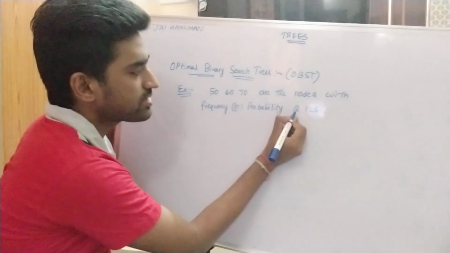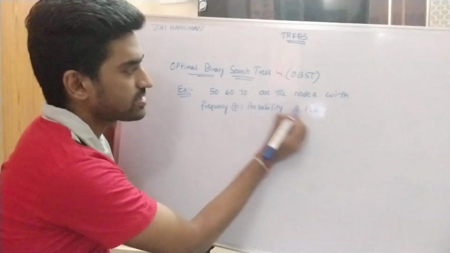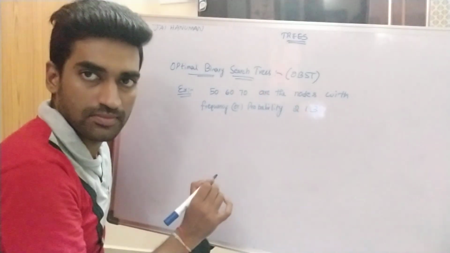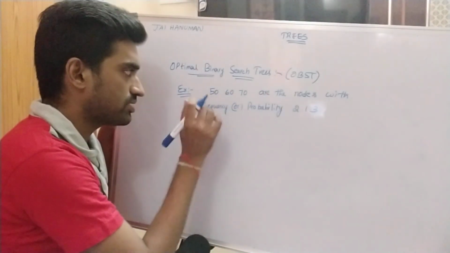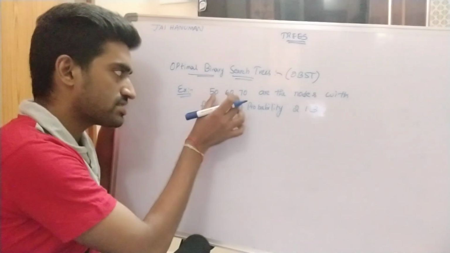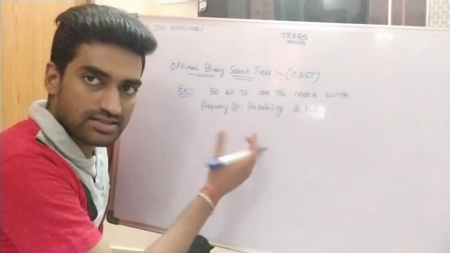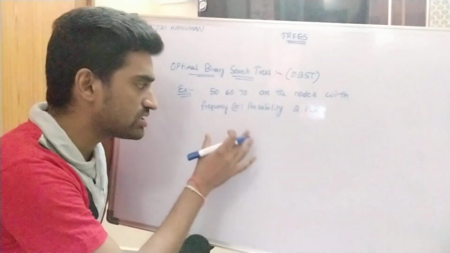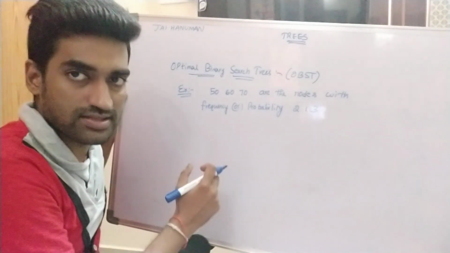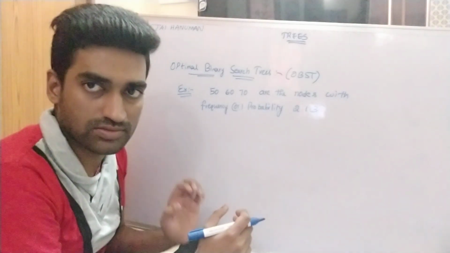So for 50 the frequency is 2, for 60 the frequency is 1, and for 70 the frequency is 3. This is our problem. Based on these elements, I am constructing binary search trees. Among those, which one is the optimal binary search tree? That is our main aim.